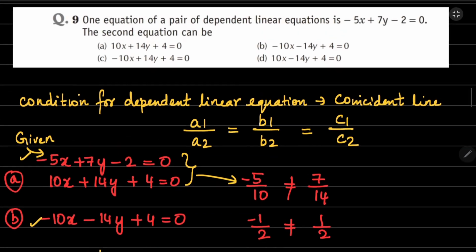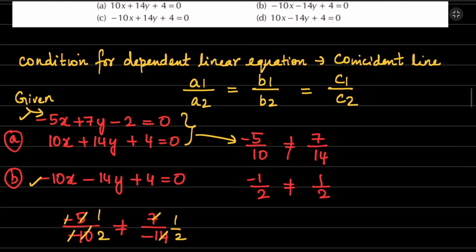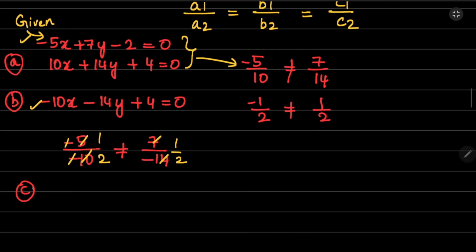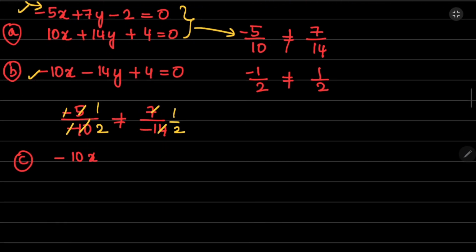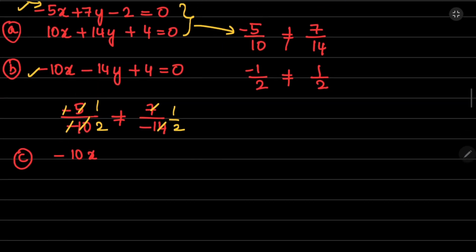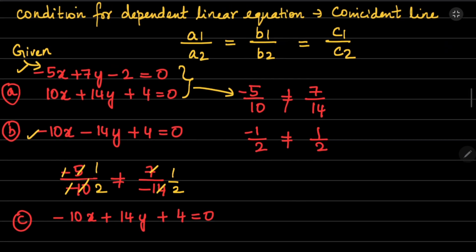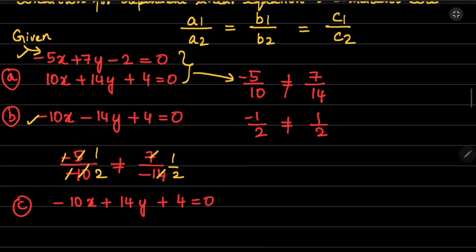Now let us check with option C. What is your option C? Minus 10x plus 14y plus 4 equal to 0. So this is your A1, and this is your given equation. Remember, we are just comparing the given equation with all the others.